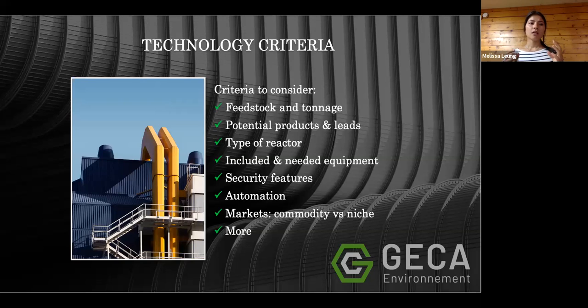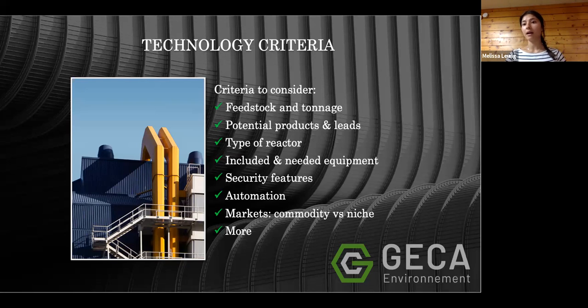In the same way, we have to think also about the materials of a reactor, how long you want it to last, and what you are transforming, and whether the material that makes the reactor can handle the type of feedstock you're putting into it. Security features are extremely important, and people sometimes forget to ask.